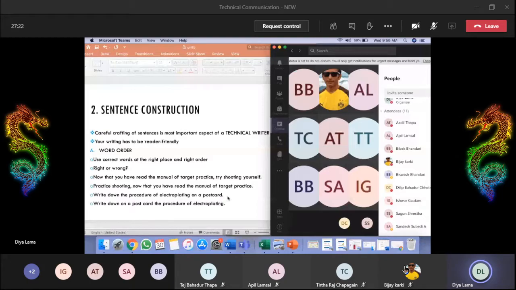The second one is correct. So by using the words before and after, it makes a difference in the sentences. Did everyone understand?